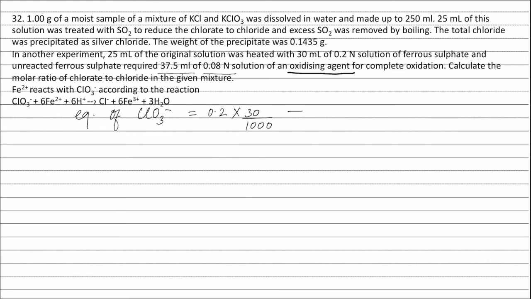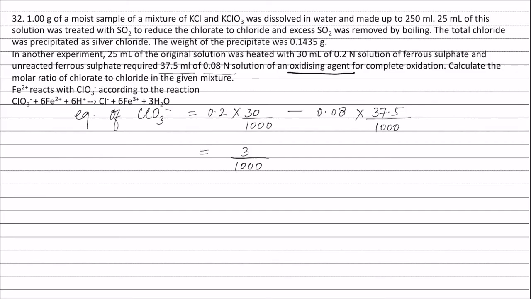Therefore, equivalence of ferrous sulfate that did not take part in the reaction will be equal to the equivalence of the oxidizing agent required for complete oxidation, and that is equal to normality of the oxidizing agent, which is 0.08 N, into volume of the oxidizing agent in liters, that is 37.5 divided by 1000 liters, and this is equal to 3 divided by 1000 equivalents.